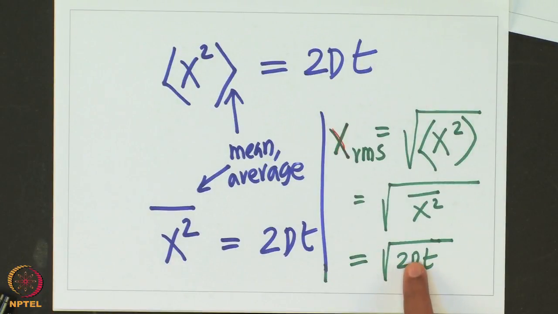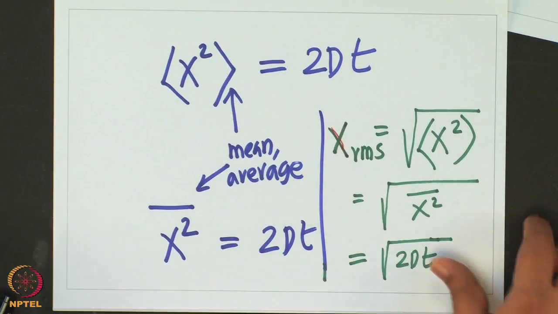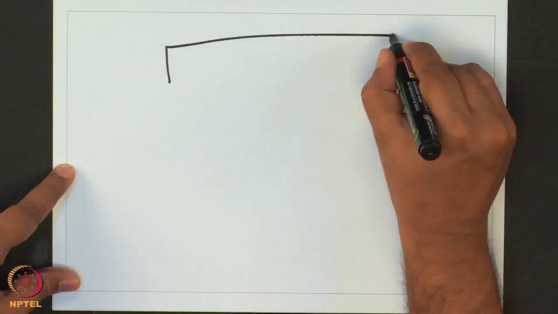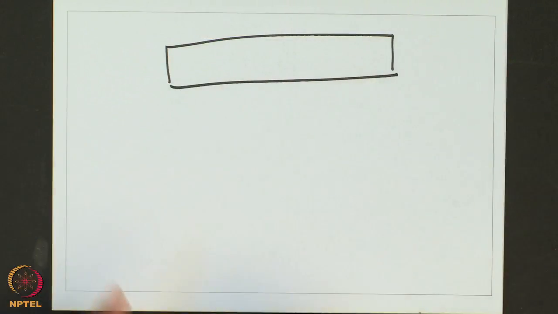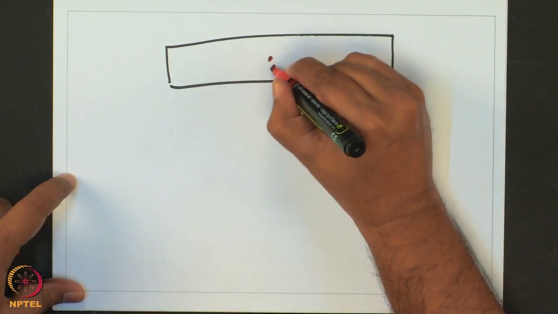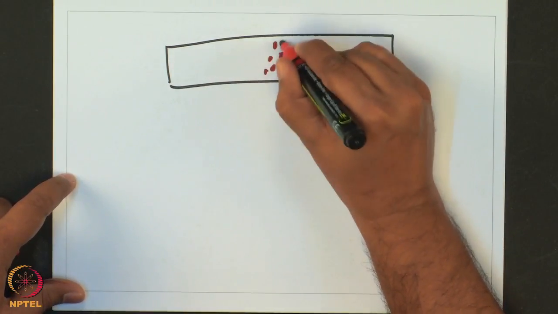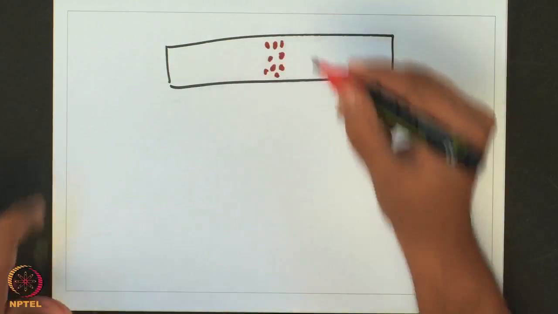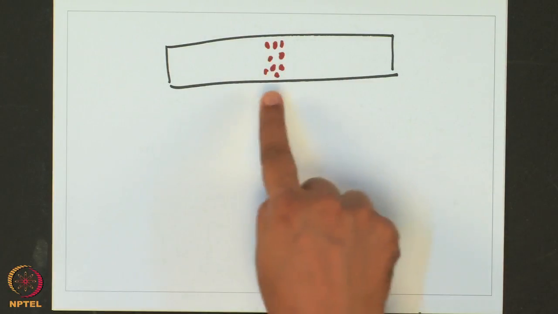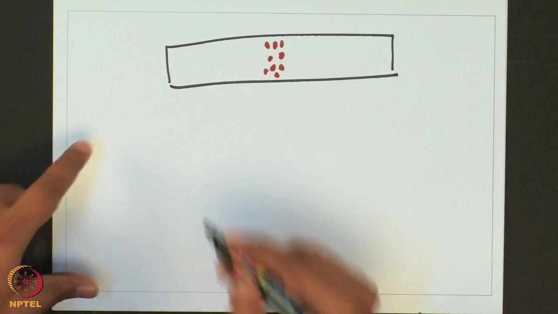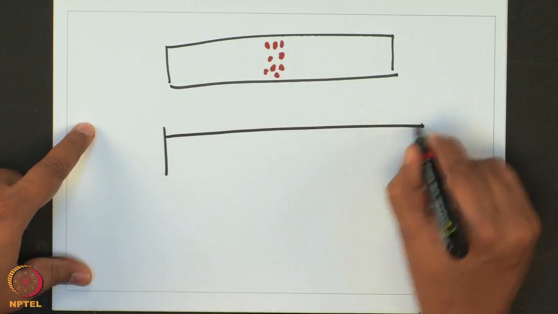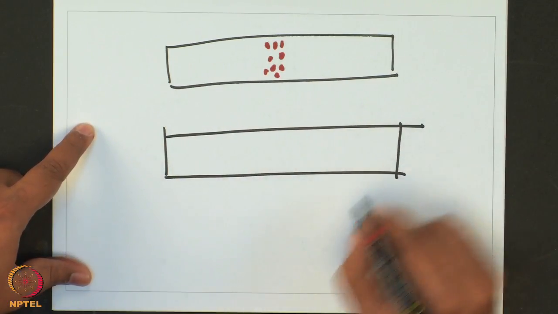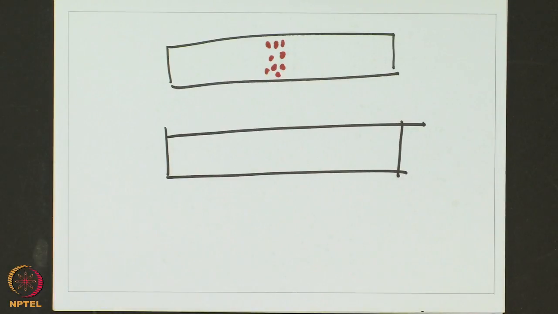So let us calculate this x RMS, but let me physically explain this once more. This is very important for all of you to understand. If we imagine a cell as we have been imagining, and at t equals 0, a lot of proteins are accumulated at one point, as the time progresses, this protein would spread. Let us say this is after 10 minutes, the protein has spread to a larger distance.